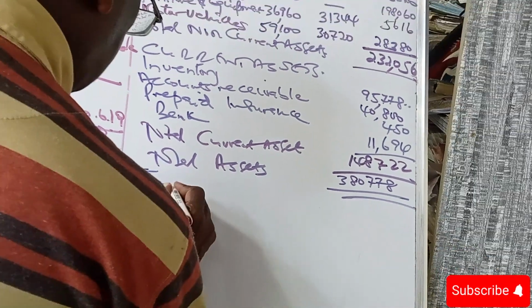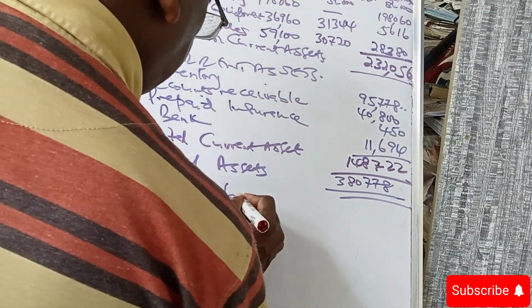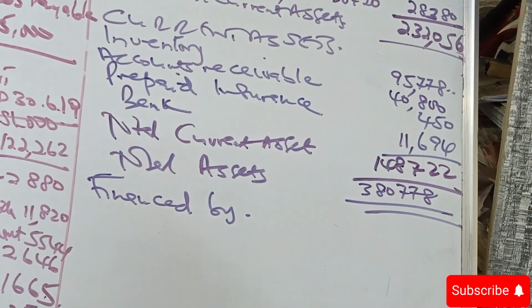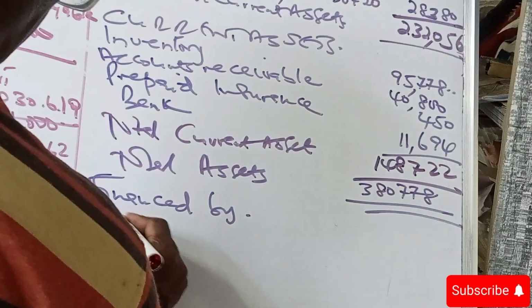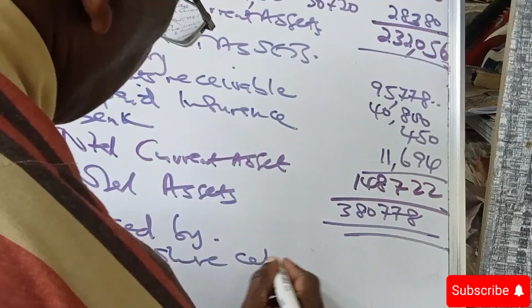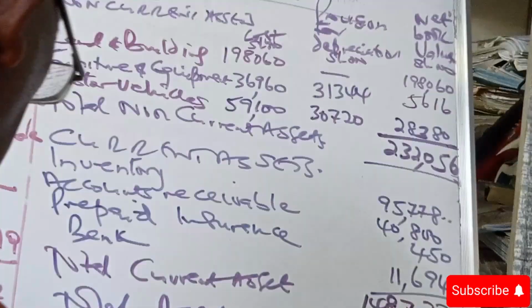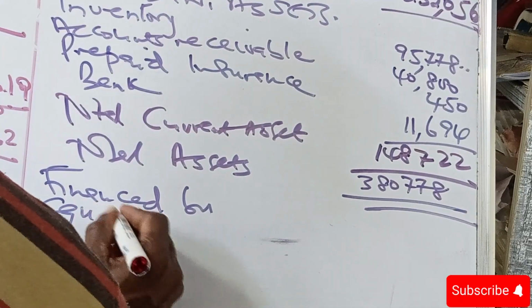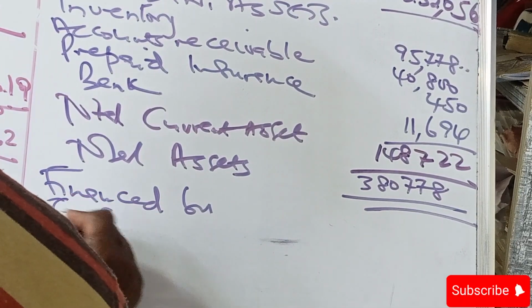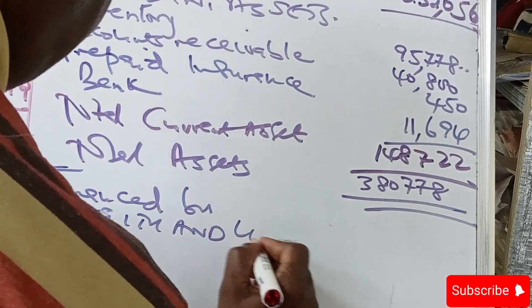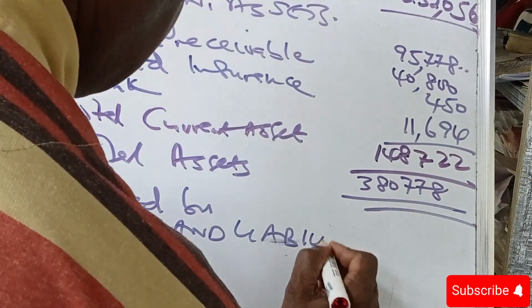Where did we get the sources of funds? We say financed by equity and liabilities.